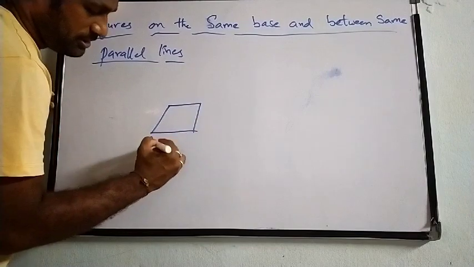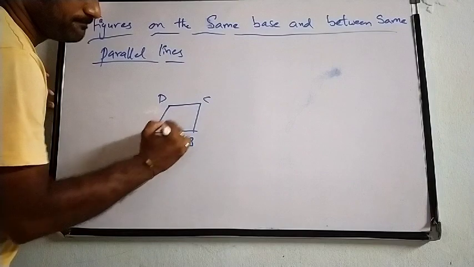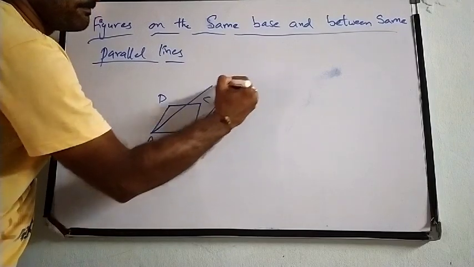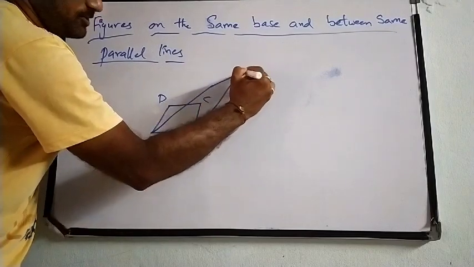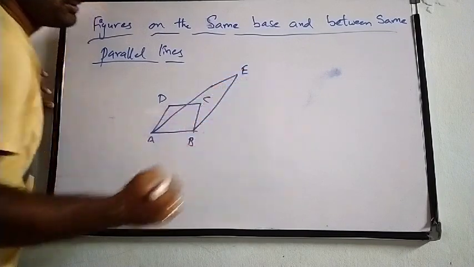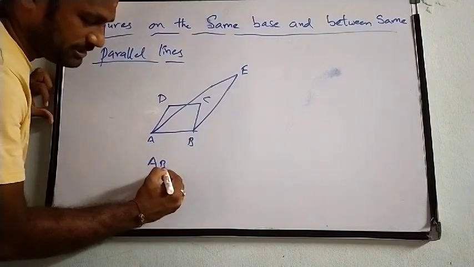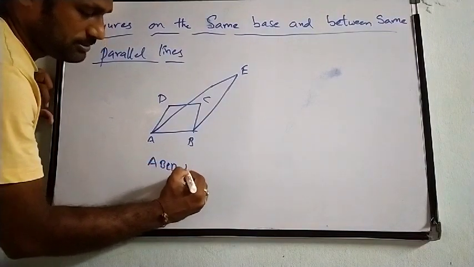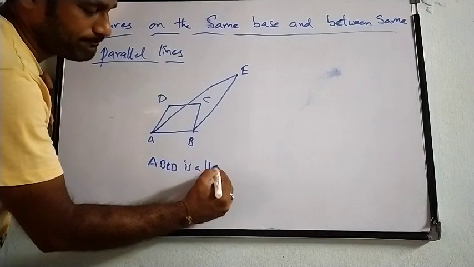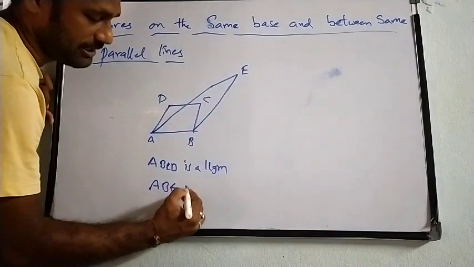So this is A, B, C, D. So this is E. If you observe this, here we have ABCD is a parallelogram and ABE is a triangle.